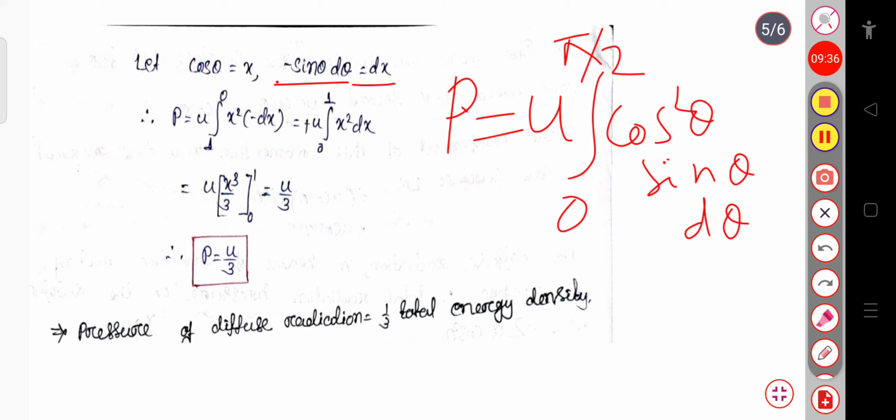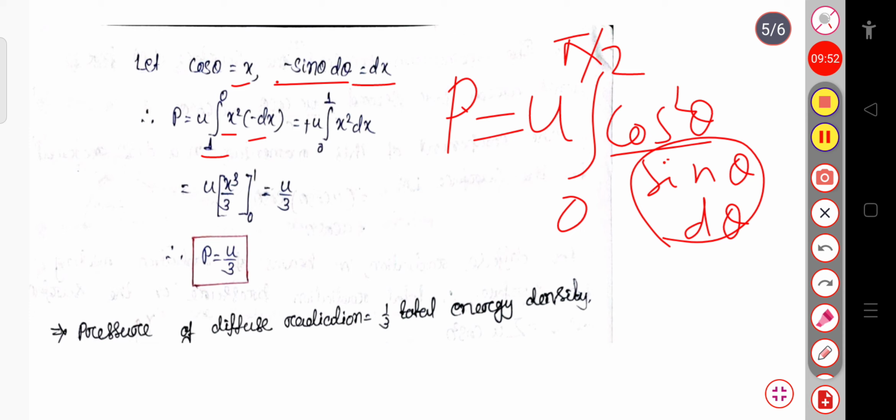So the integration limit varies from 1 to 0. Again, putting cos square theta here, this will be x square, and sin theta d theta will be equal to minus dx. Clear?